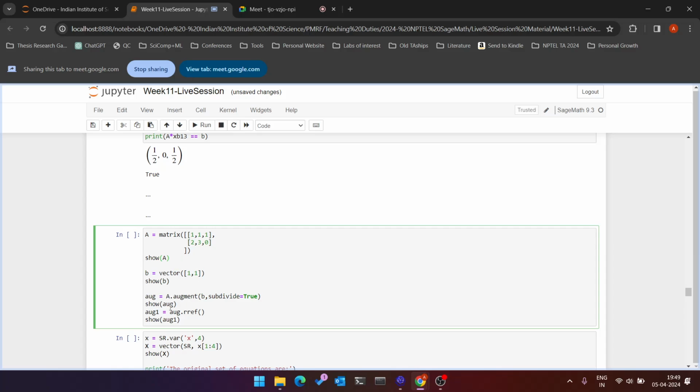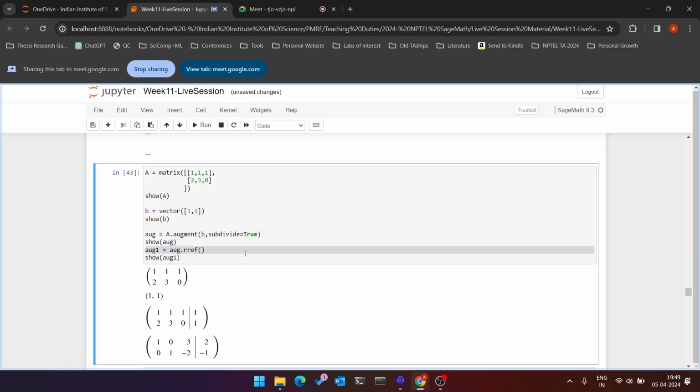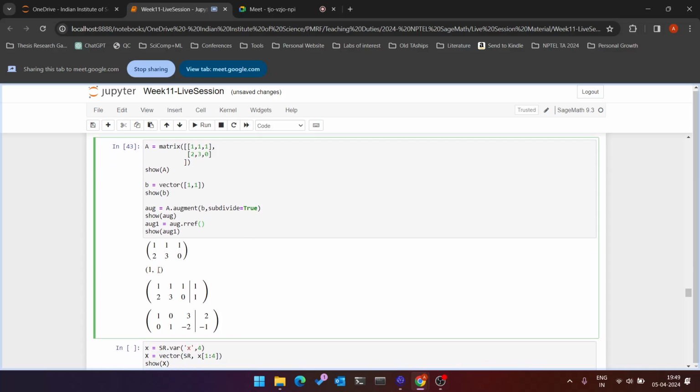Okay, and so now we'll do it in the way we have already done it in class. I have my matrix A, I have my vector B, I augment them and reduce the augmented matrix to its row reduced echelon form. So matrix A, vector B, augmented matrix, row reduced echelon form.